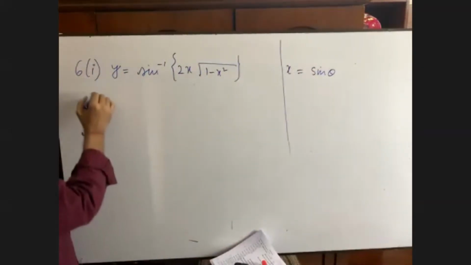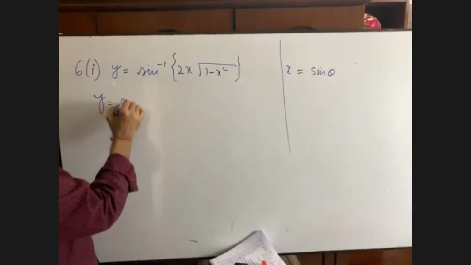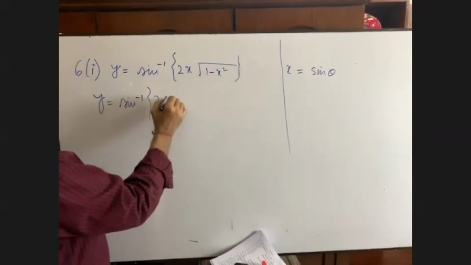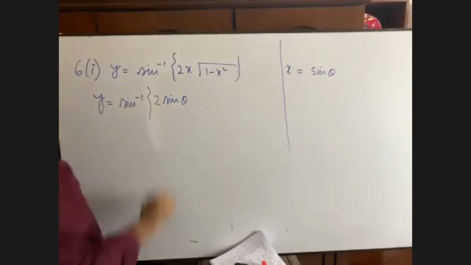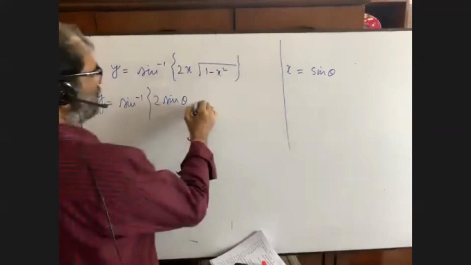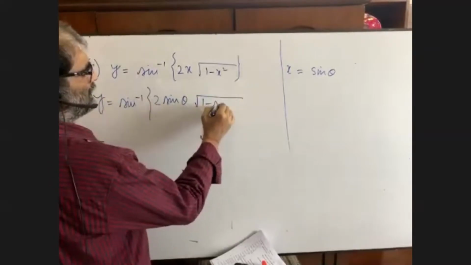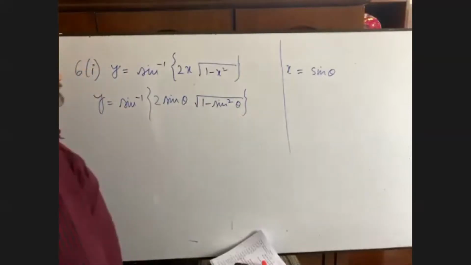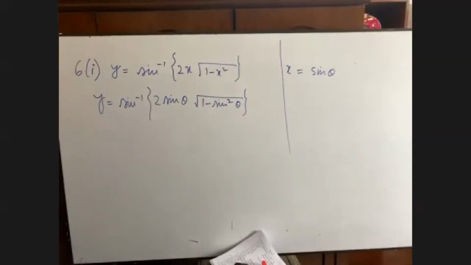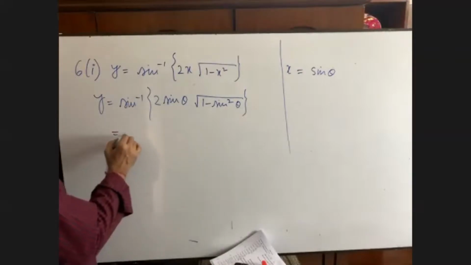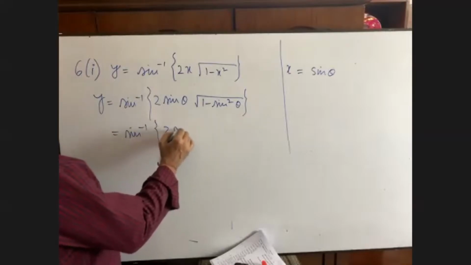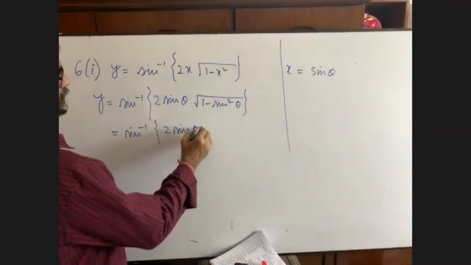So you put the value x equals sine theta: 2 sine theta root over 1 minus sine square theta. That means we are getting here sine inverse 2 sine theta cos theta.